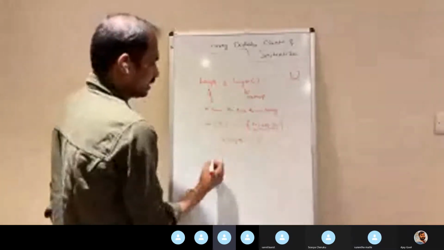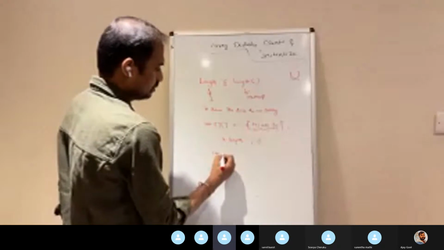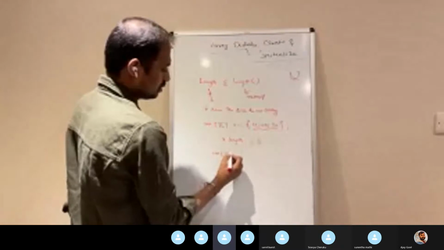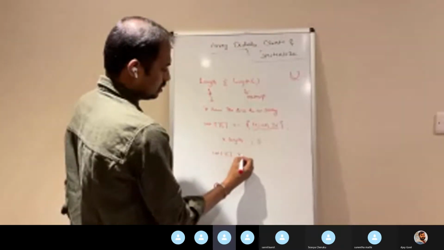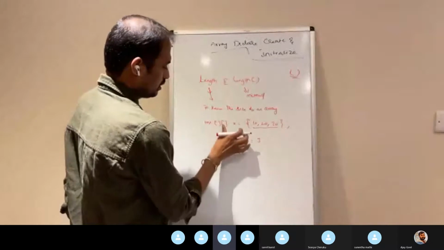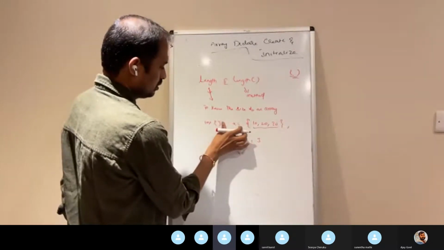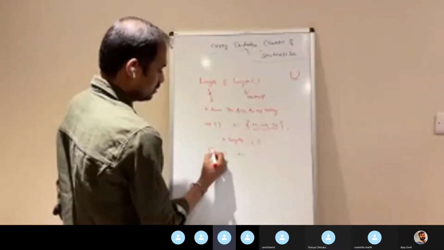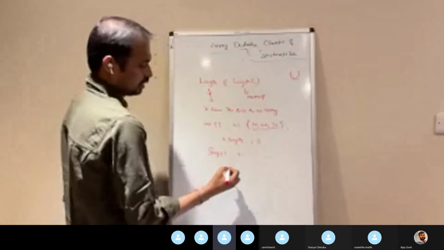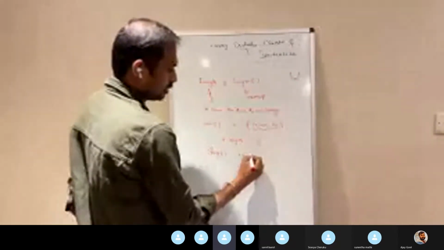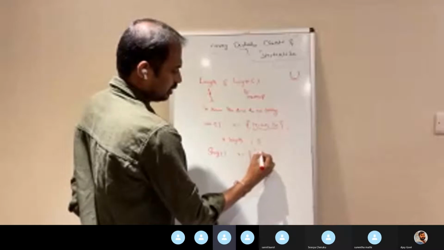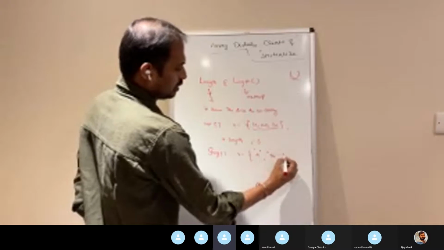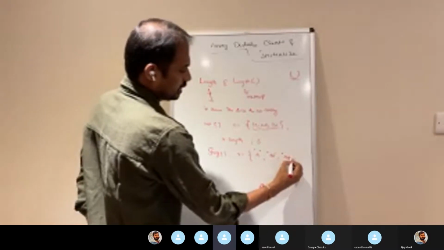Okay, if I represent a single array, x is equal to a string array, a b a c a b c.